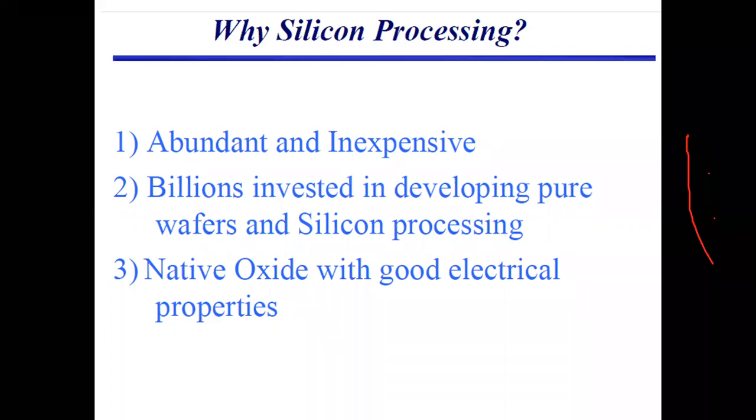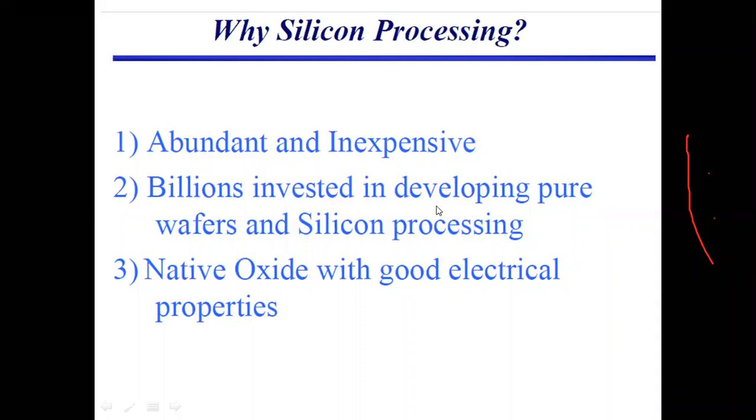The wafer material on which the devices are made is silicon. Such a process technology is known as silicon based technology. So why do we use silicon for the fabrication of MEMS? Number one, silicon is abundant and inexpensive. Silicon is abundantly available and it is inexpensive.